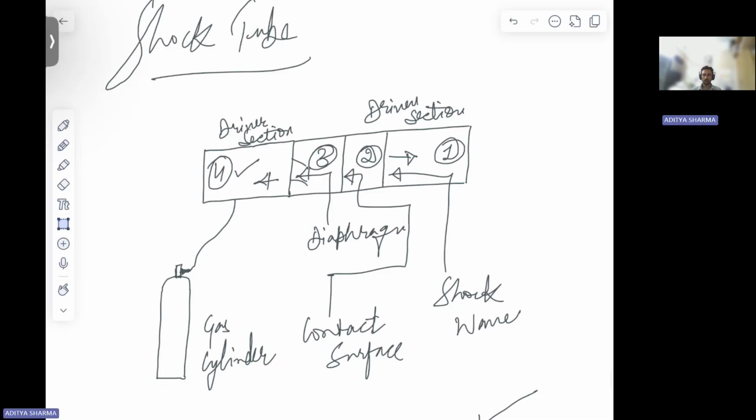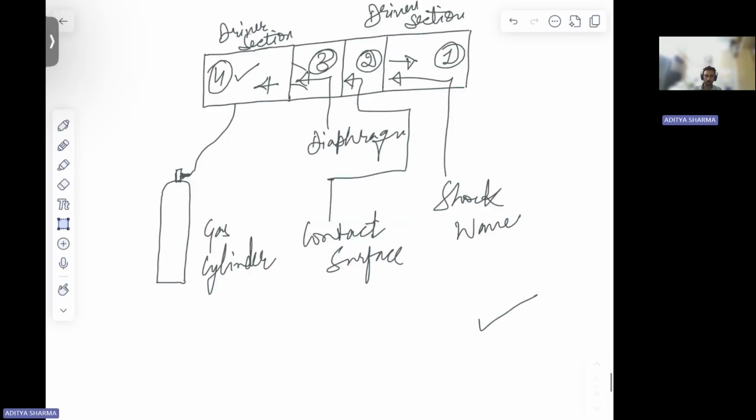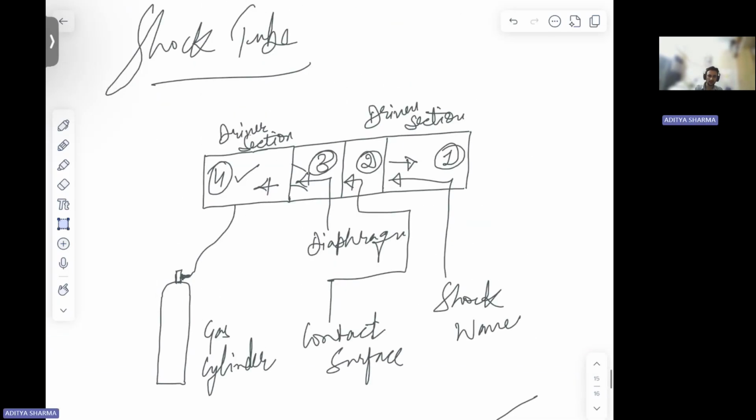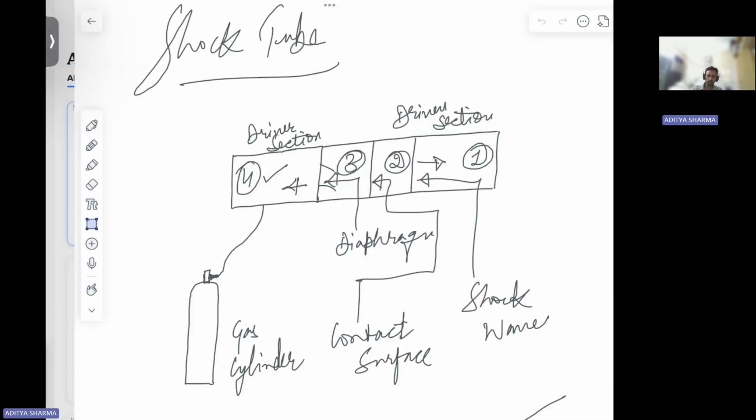Okay, and then this shock wave, we can mount at the end of the driven section our models, and with appropriate instrumentation, we can study the impact of shock wave on these models.